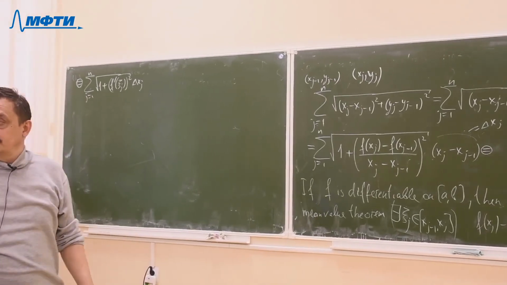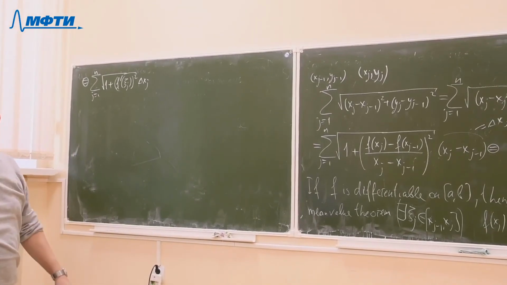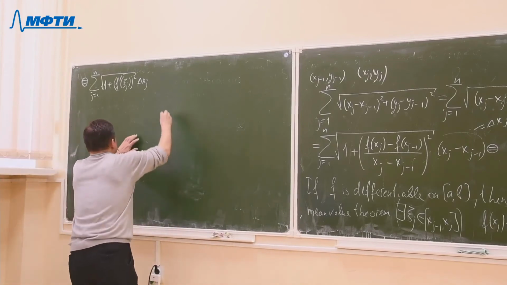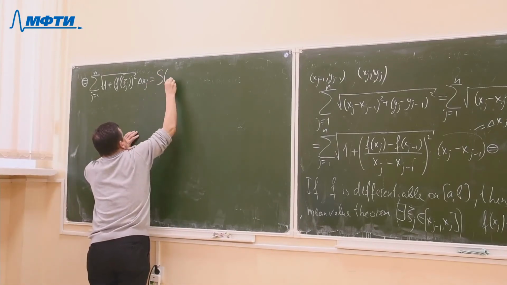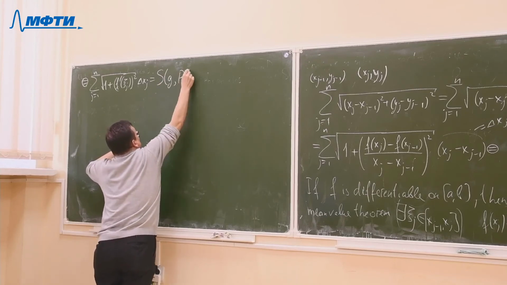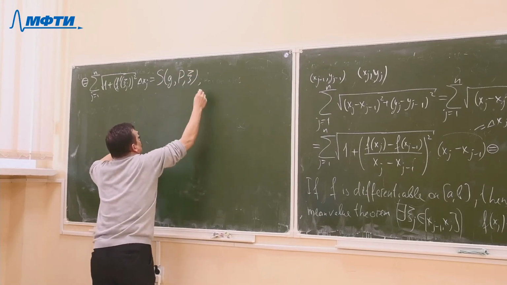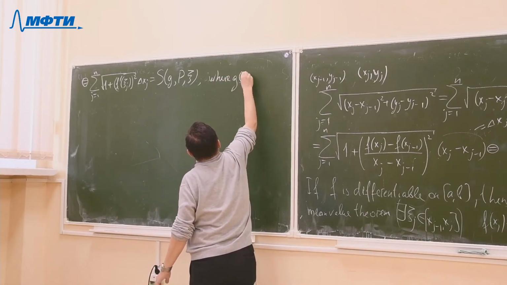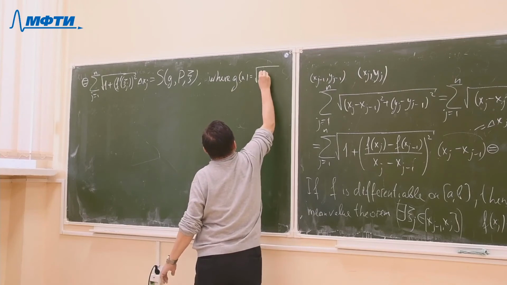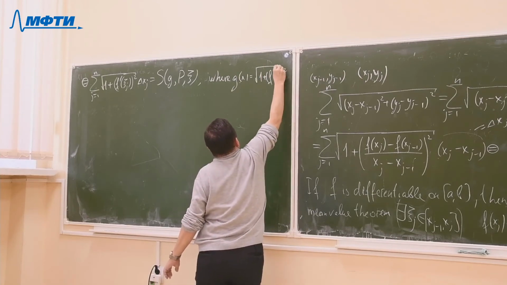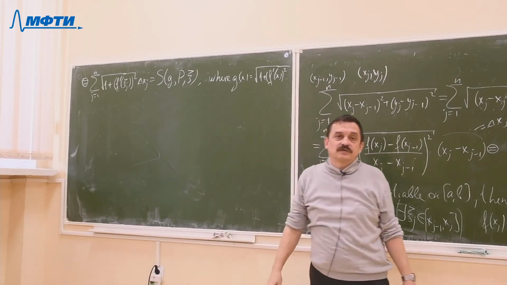Then look, what is it? That is precisely an integral sum of a function. Which function? The integral sum of g with points xi, where g of x equals the square root of 1 plus f prime of x squared. Right?